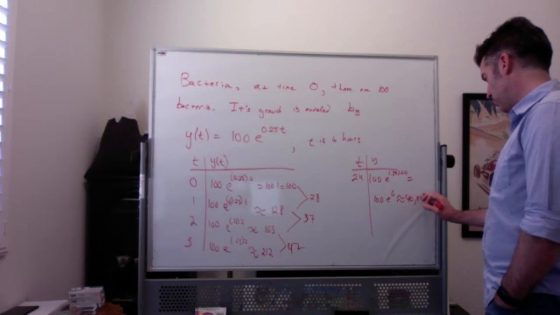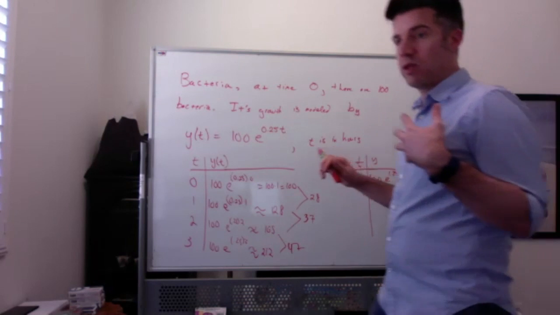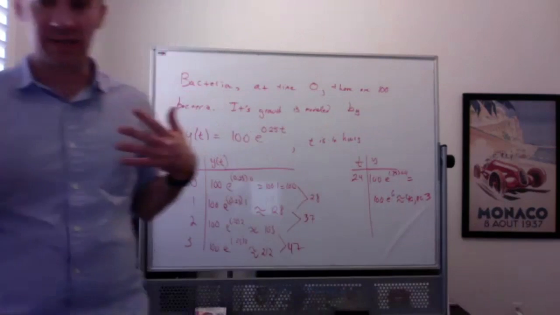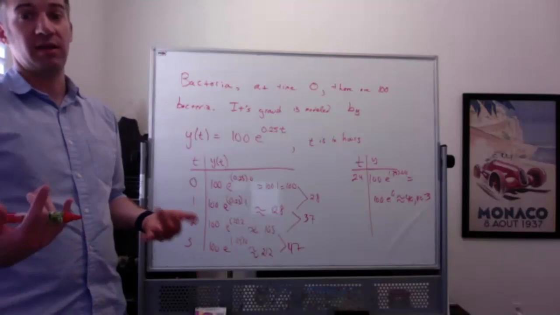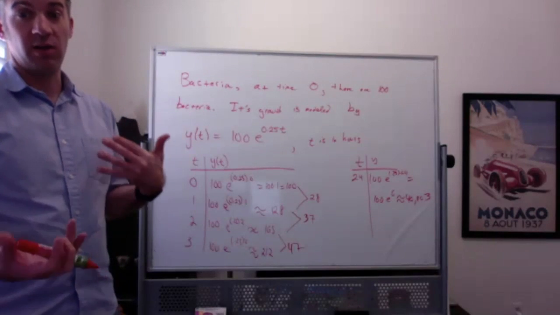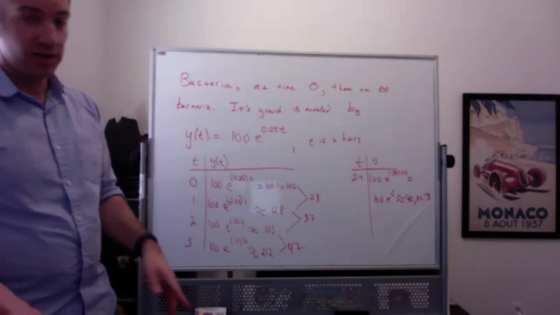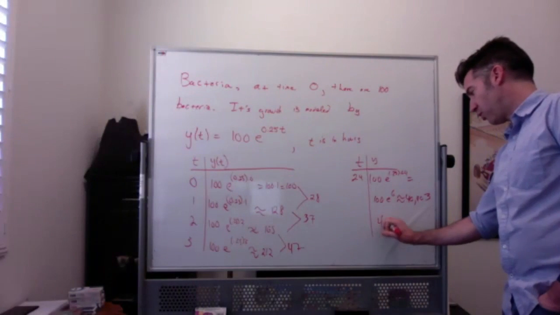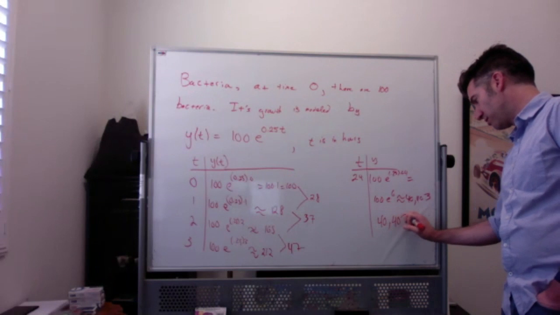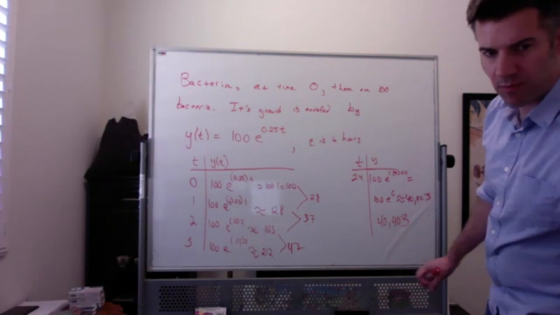So another really important aspect of exponential growth and decay is that things get big really fast. If you have something that is exponentially growing, your numbers are going to get really, really, really large. In case you can't see what I've written because my writing is not great today, it's 40,403 approximately.